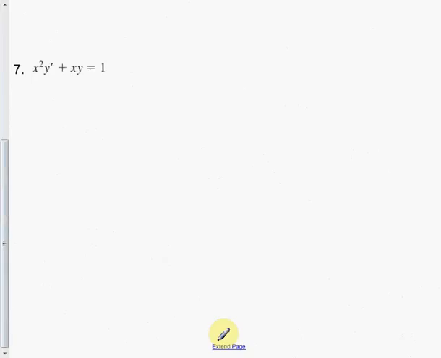I want to write this in the form, so divide everything by the x squared. So this is y prime plus 1 over x times y is equal to 1 over x squared. The integrating factor is just x. Mu is equal to e to the integral of that 1 over x dx.